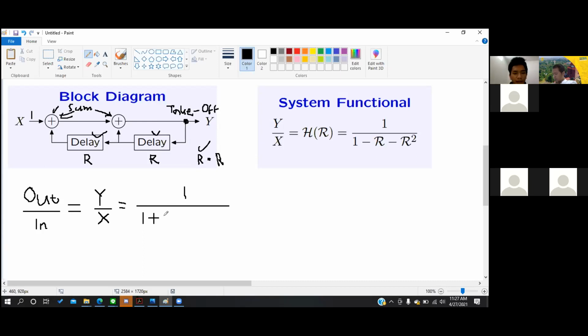And since it goes back from the takeoff point to the summing point, it's like a delay, so the magnitude is minus.